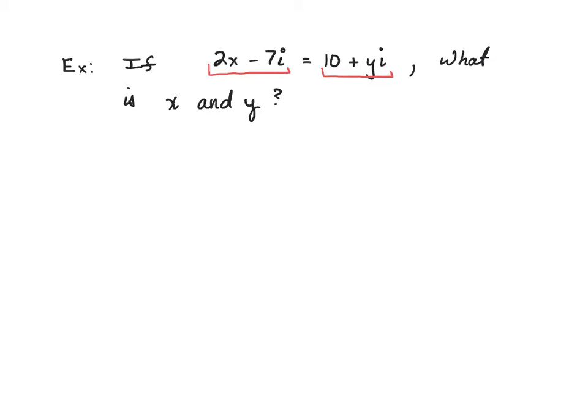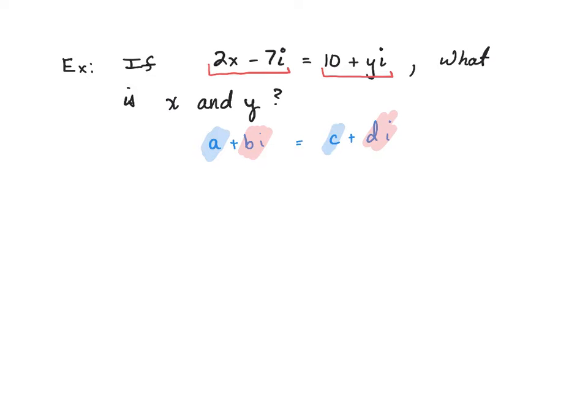Well, if two complex numbers, a plus bi and c plus di, are going to be equal to each other, then the real parts have to equal each other, and the imaginary parts have to equal each other. That way they would be the same number.